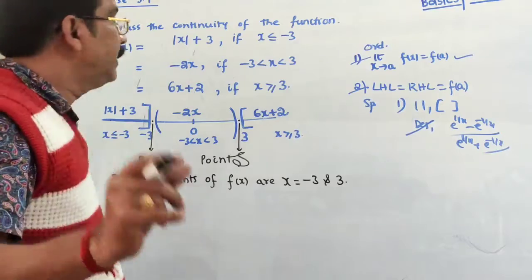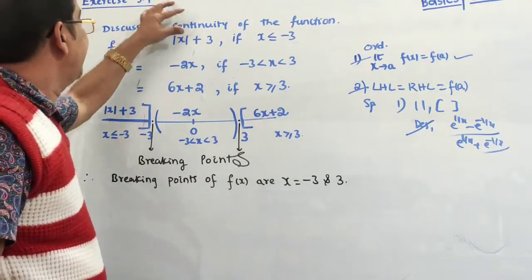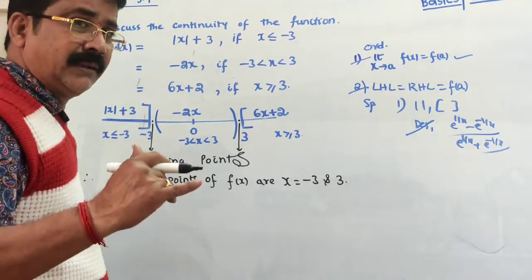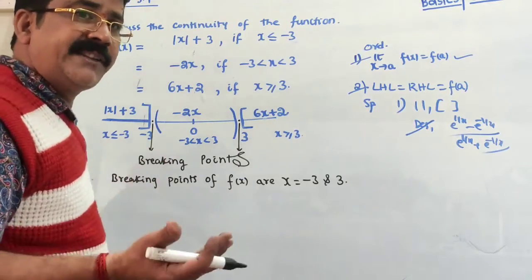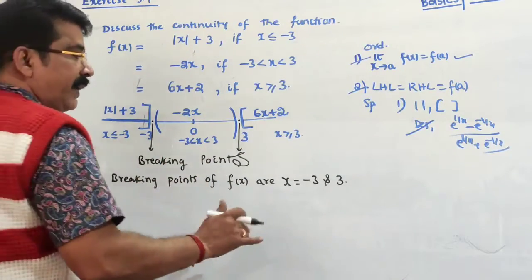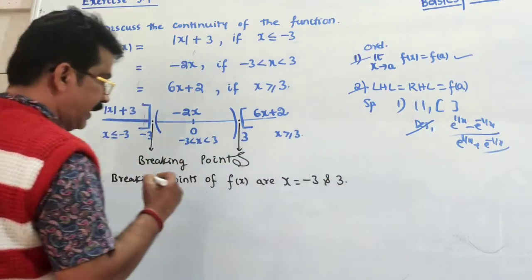Actually, in the question, we are asked to discuss the continuity of the function, but the points are not given. But we have to discuss the nature of the function at the breaking points only. Breaking points means minus 3 and plus 3.